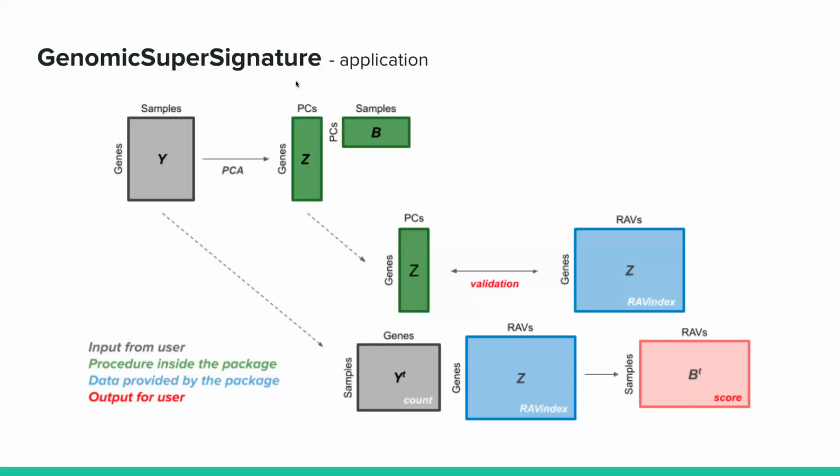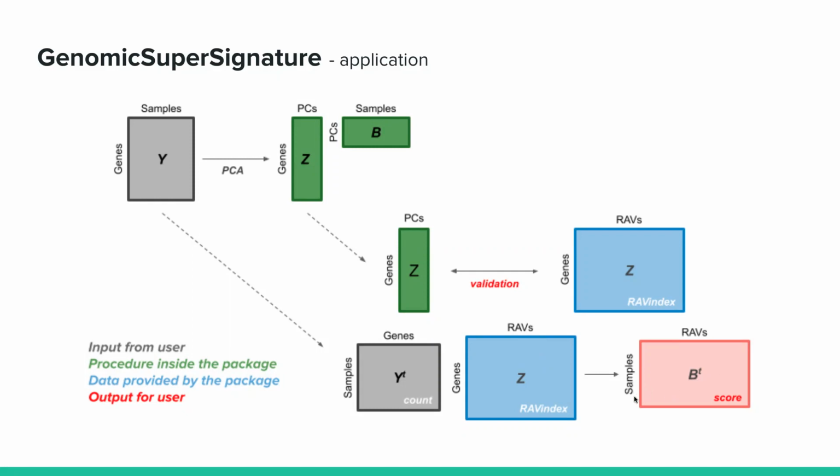For the user, when it comes to applying this, they bring a data set of study, and this is just a simple principal component analysis, which is implemented in the package, along with this pre-trained model, or RAV model that we're calling it, which involves all of those procedures that I mentioned on the previous page of principal components analysis, and then clustering on a large compendium of RNA-seq experiments to get this output.